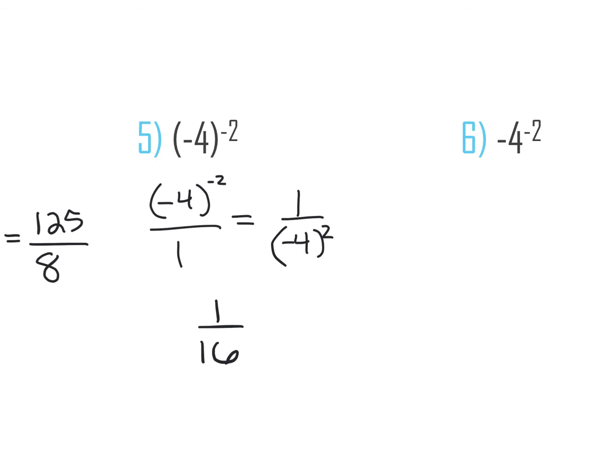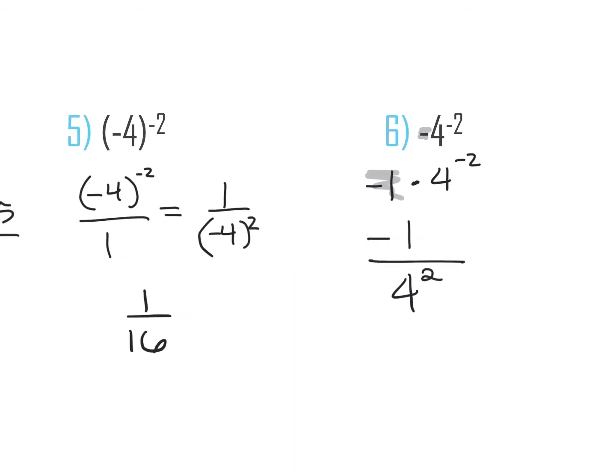However, on the next one, that negative sign is not attached to that 4. So we can think about this as negative 1, which is just for the negative sign here. And then the 4 is what has the negative 2 power. So again, the negative exponent is what's going to move to the denominator, and the 1 will stay in the top. And then this becomes negative 1 over positive 16.